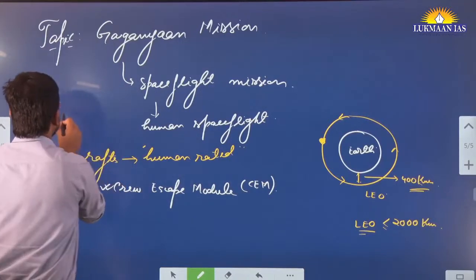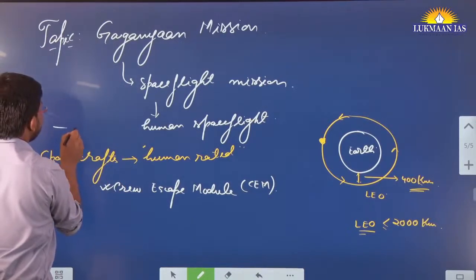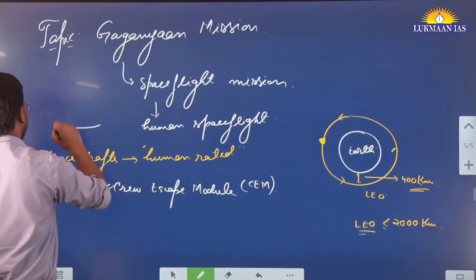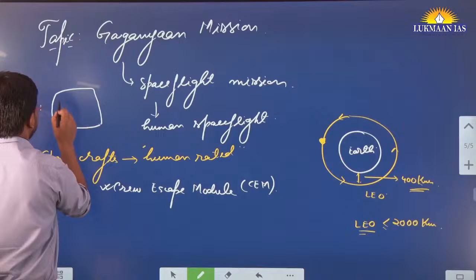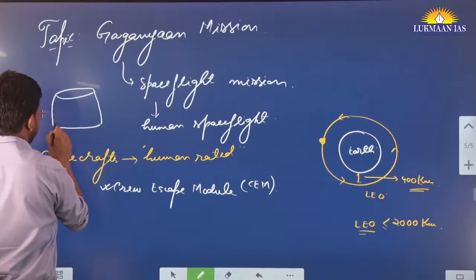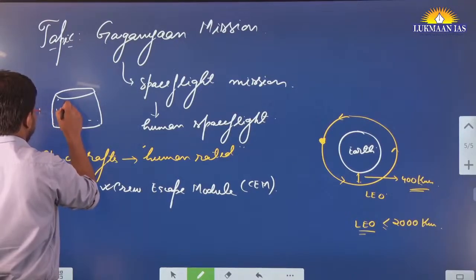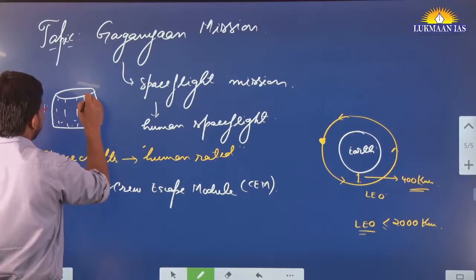Let's say this is the spacecraft that we are sending. This spacecraft looks like this.